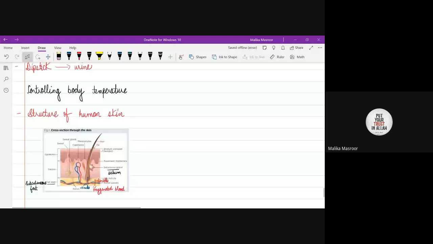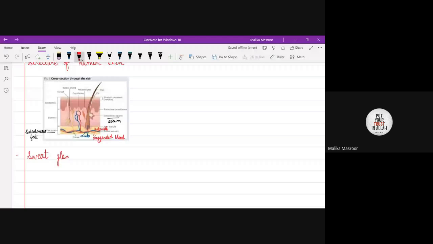So sweat glands basically extract water and ions from the blood and produce sweat.